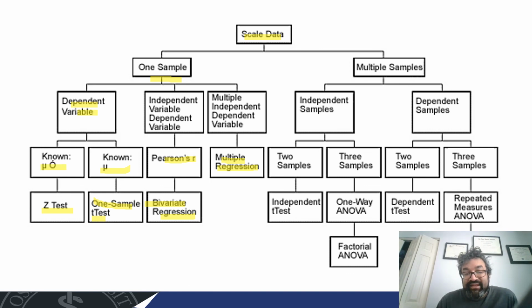Now, when you have independent variable and dependent variable that's continuous, then that's Pearson's R or bivariate regression. When you have multiple independent variables that are continuous and a dependent variable, that's when multiple regression works. And then multiple samples, again, through continuous variables. So if they're independent samples versus dependent samples, that's when you're using these various statistical tests. I hope that makes sense.